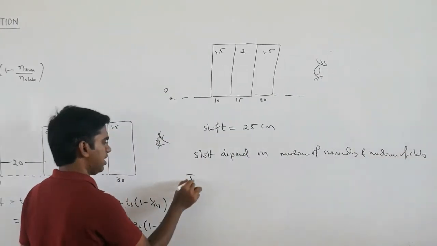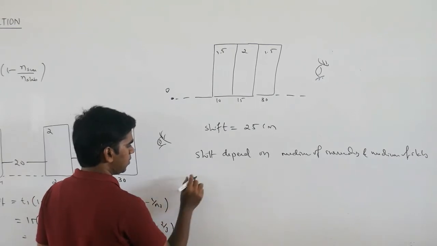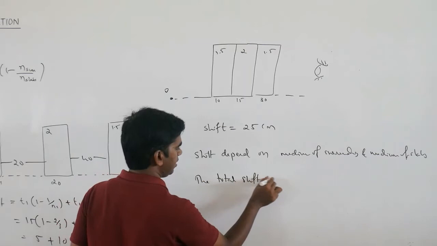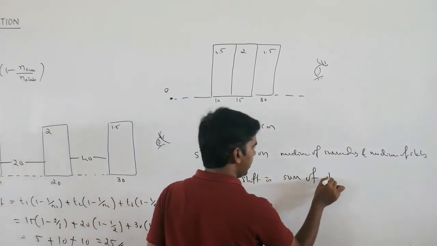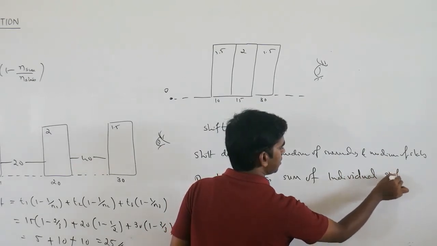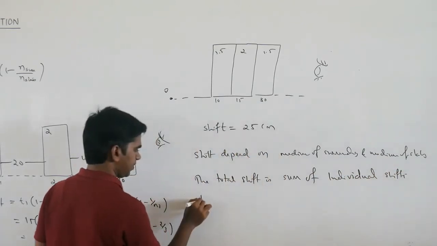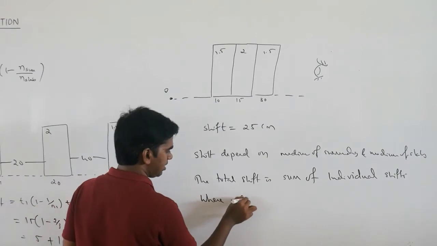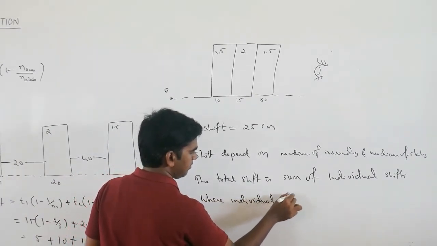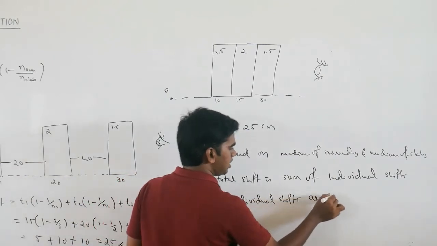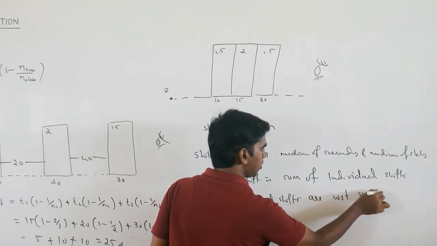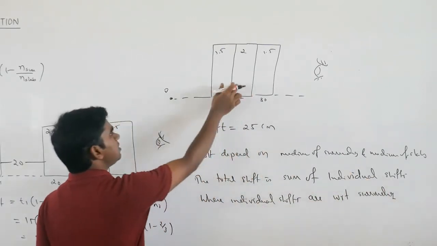That is why the total shift is the sum of individual shifts, where the individual shifts are with respect to the surrounding, not with respect to the medium next to that.